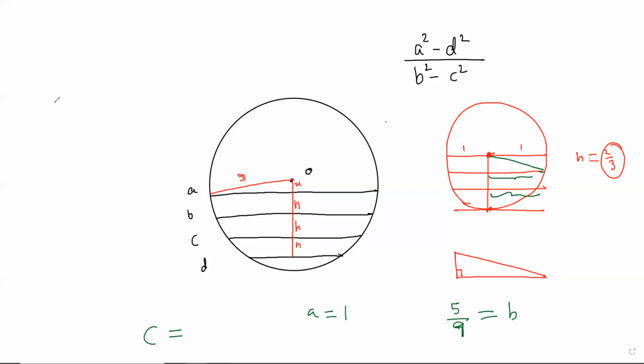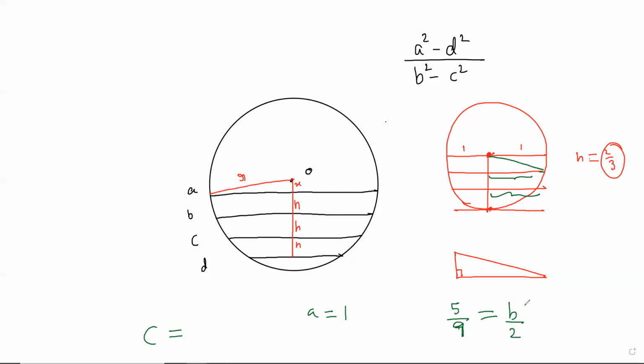B square will be 20 by 9, right? As I found B by 2 whole square. Okay, something like that.